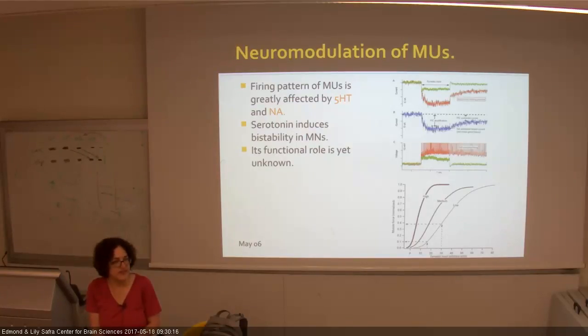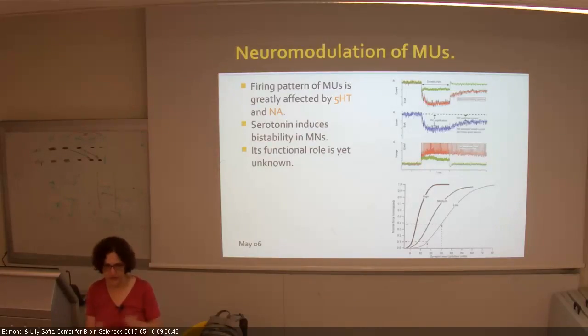Okay, control of fast movements. Okay, that's one option. But what else? One of the things, if you have to design a system, where would you put receptors for serotonin on motor neurons? Would it be proximal or distal muscles?